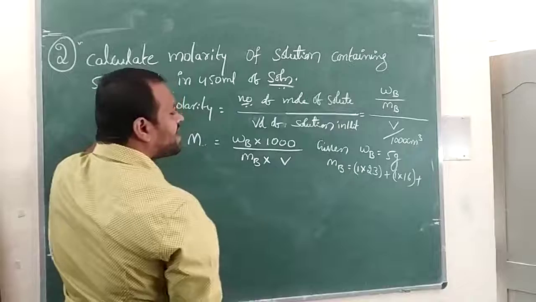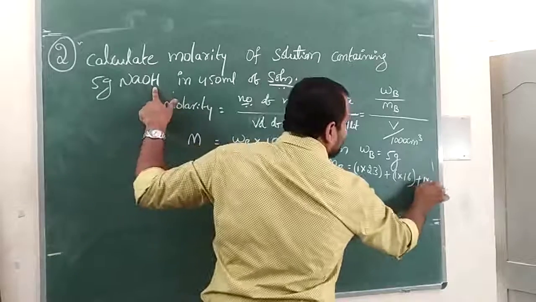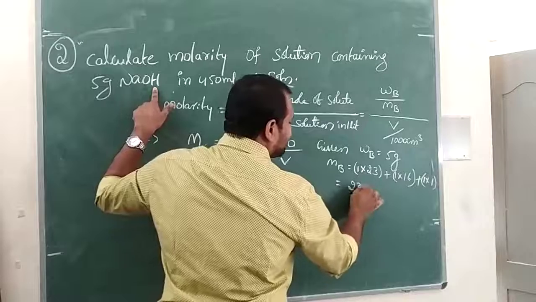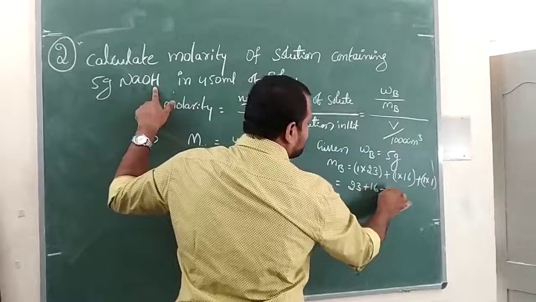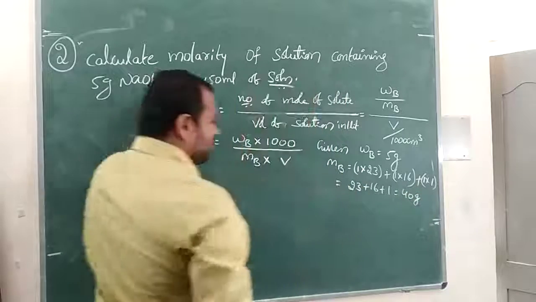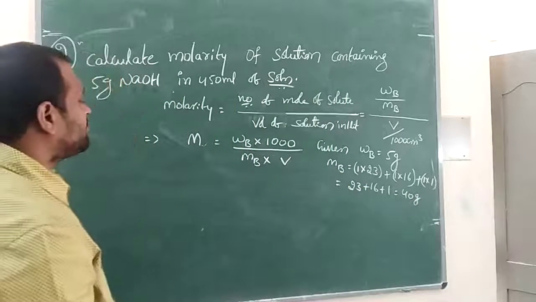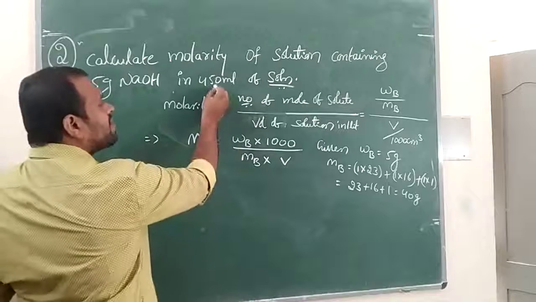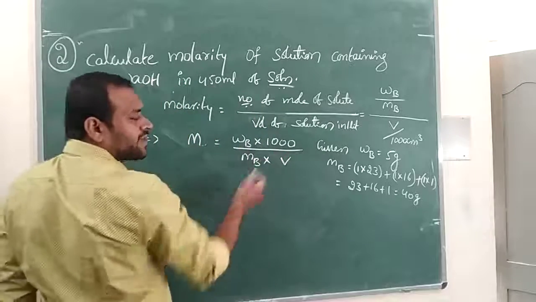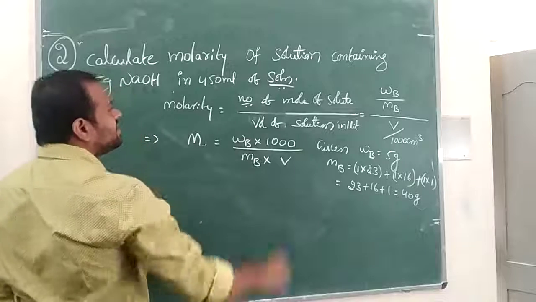Plus how many hydrogens are there? 1 into 1. That is equal to 23 plus 16 plus 1, that is equal to 40 grams. 40 grams is its molecular mass. Then volume also they had given. You can write ml or cm cube, no problem. Both are one and only same.